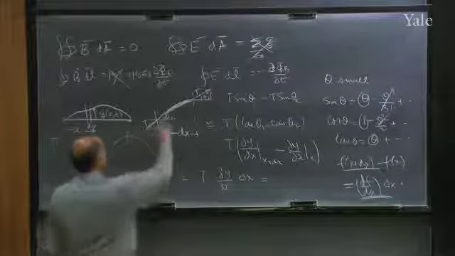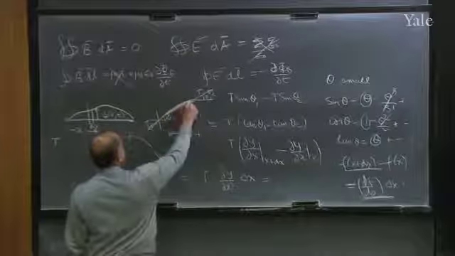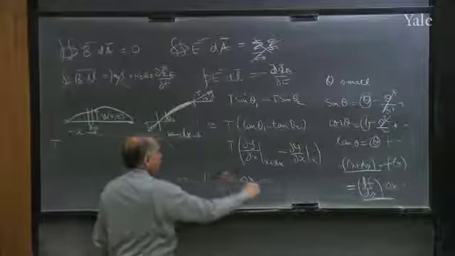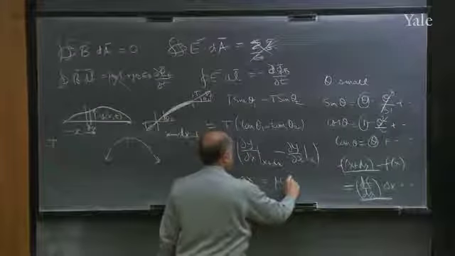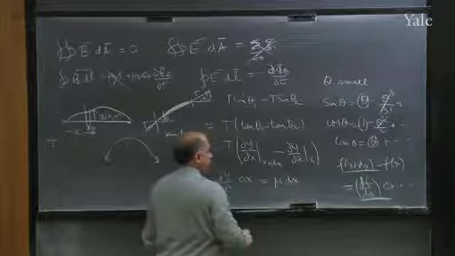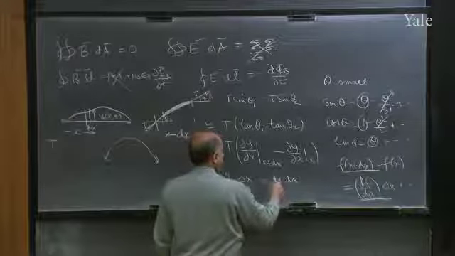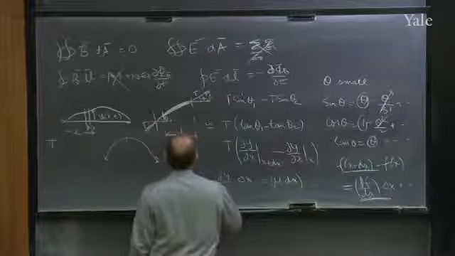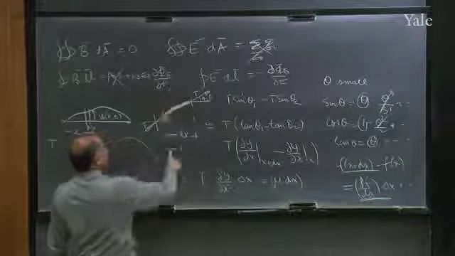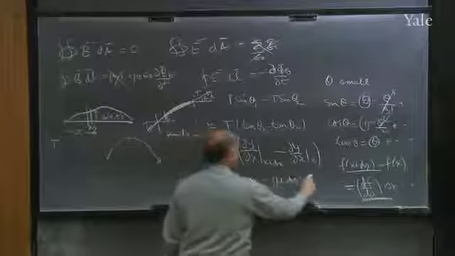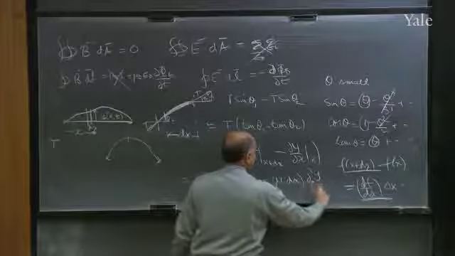That's the easy part. What is the mass of this section, this portion of string? If the mass per unit length is mu, that's the mass of that section. Then what's the acceleration? Acceleration is the rate at which y is going up and down. That is d2y/dt2.